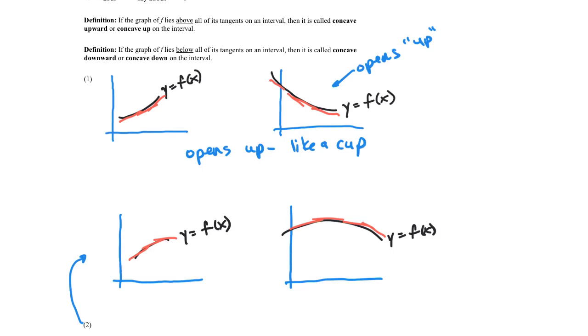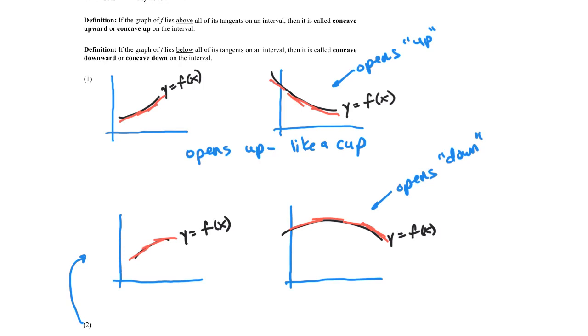You know, these tangent lines are not all that great, but you can see that the graph here is below all the tangents. When it does that, it's called concave downward or concave down. And you can see this, looking at this, it opens down.